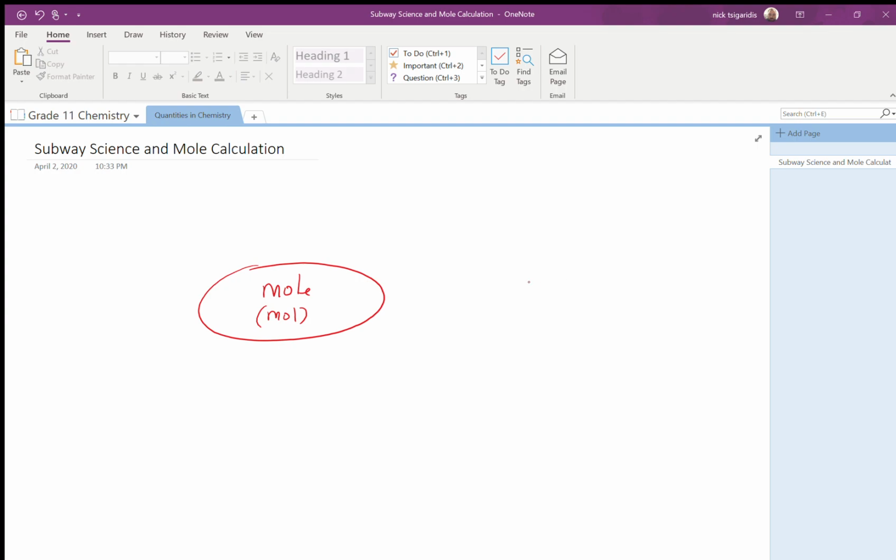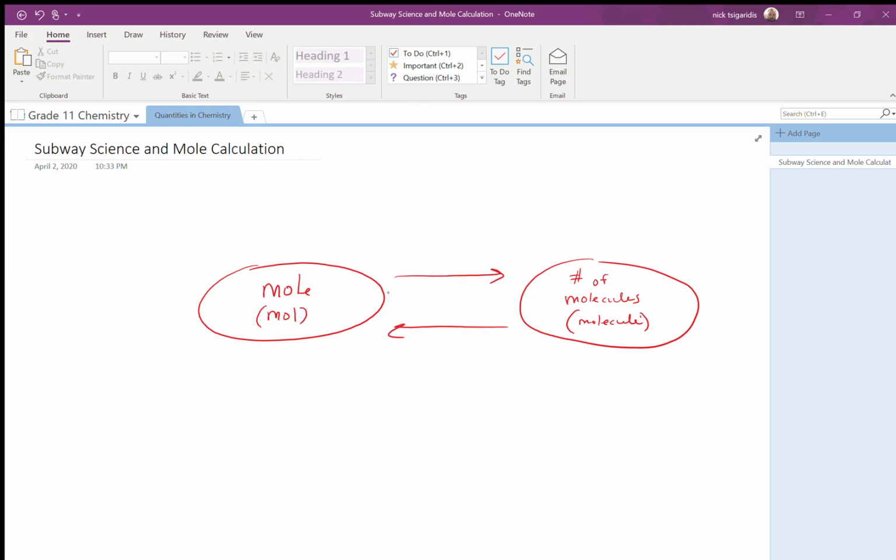So, if I'm interested in calculating number of particles, and I showed you guys the equations for this, I'll put number of molecules here, for example. And of course, the units for this is going to be molecules. If I want to go from the number of moles of something that I have to the number of molecules, I have to use Avogadro's number.